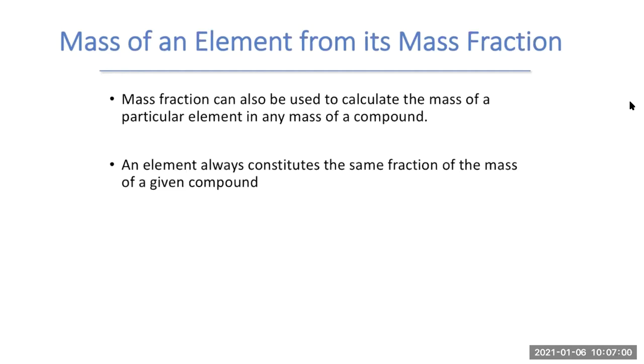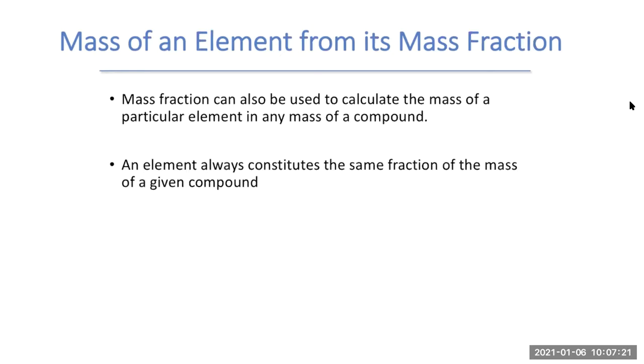So water will always have 2 hydrogens and 1 oxygen. You're not going to end up with a water molecule having 3 hydrogens and 1 oxygen, or 2 hydrogens and 2 oxygens. When we change the number of atoms in the molecule, we change the identity of that molecule.